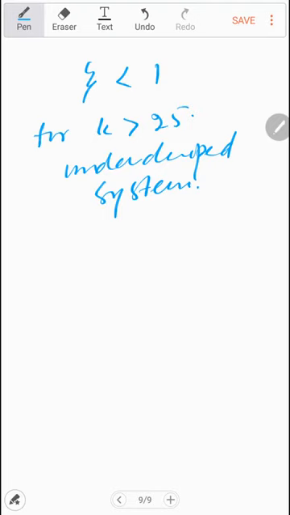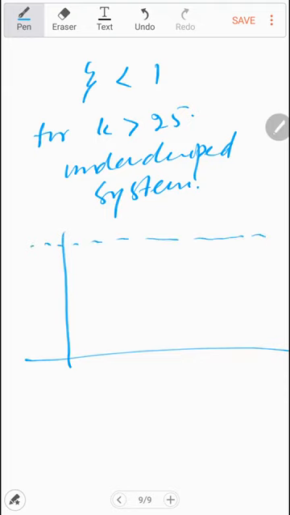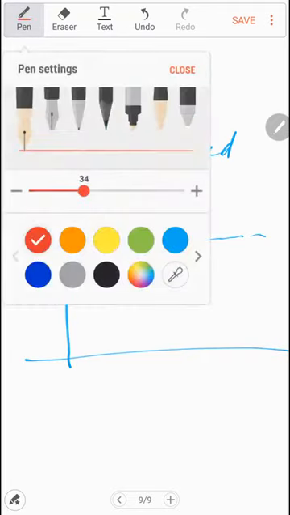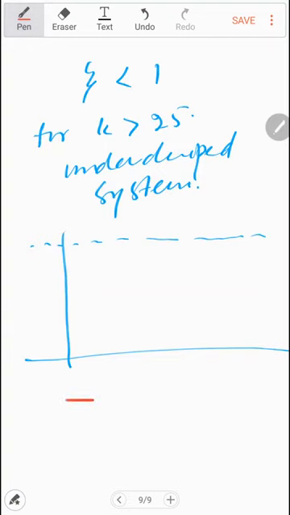In terms of the time response analysis, let's say that we have the unit step function as the input to the second order system. When k is less than 25, zeta is greater than 1, and it should be an overdamped system.